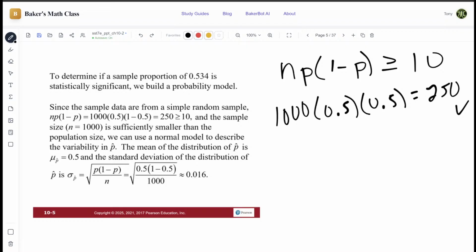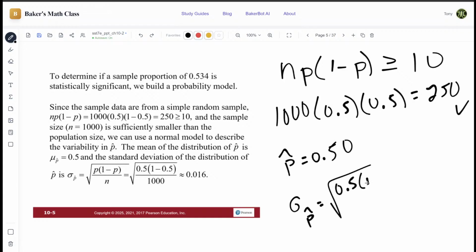The next thing we want to find is our mean and our standard deviation. The mean is my null hypothesis. So in this case, my mean is 0.5. My standard deviation was that formula: the square root of 0.5 times 1 minus 0.5 over n, which in this case is 0.016.